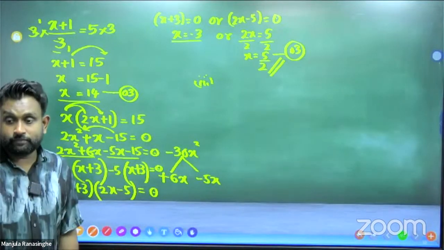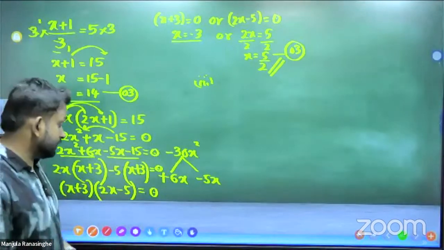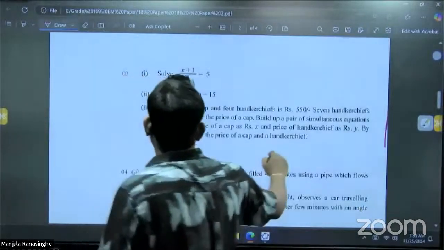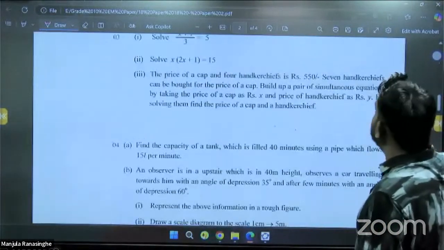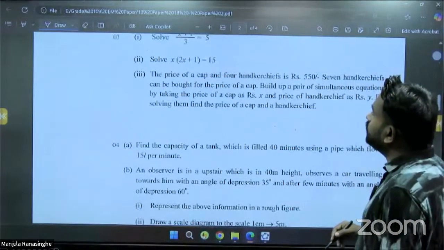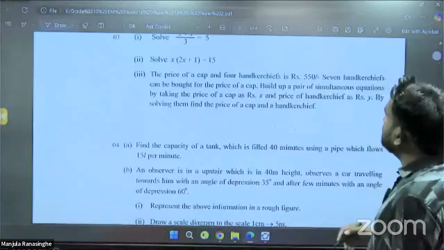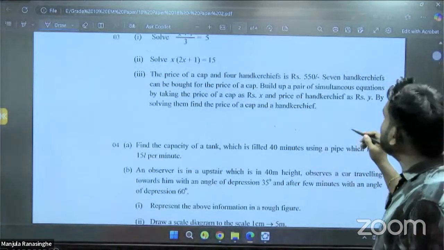Okay, right now we are at the question. Check here. So that question says that the price of a cap and handkerchief is rupees this much. Before reading that part, just go to the last part.